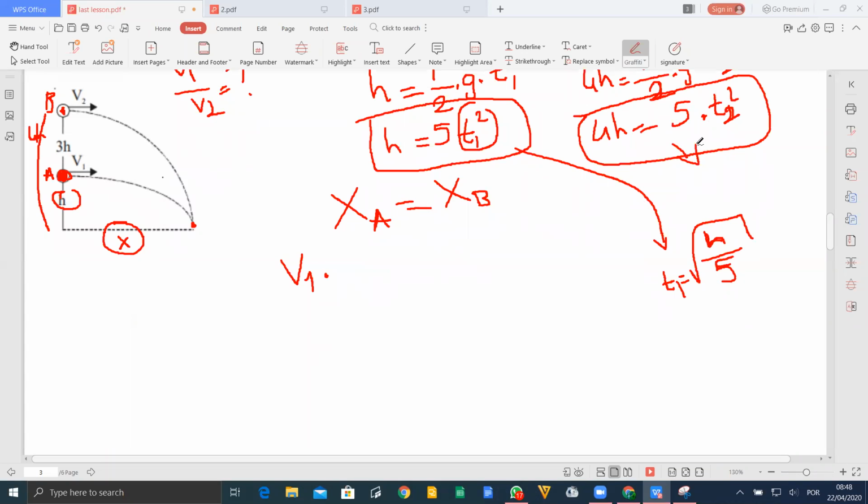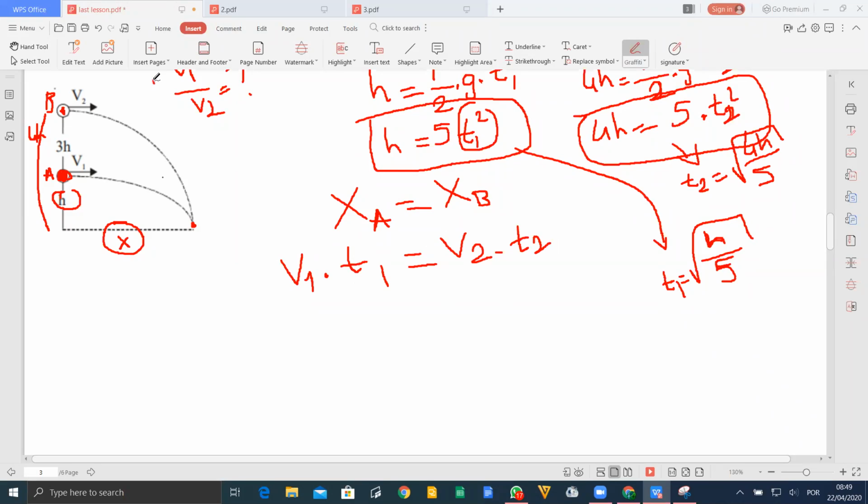Here, t2 will be the root of 4h over 5. Okay, you can isolate t1 and t2 like this. So what is t1? Let's write it down. V1 times t1 is equal to V2 times t2.